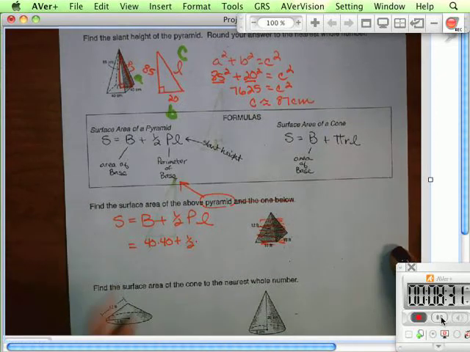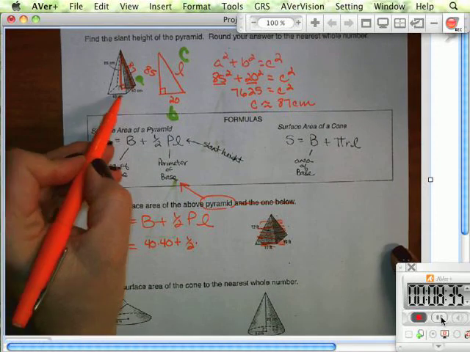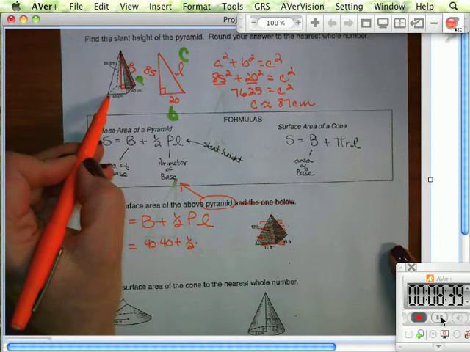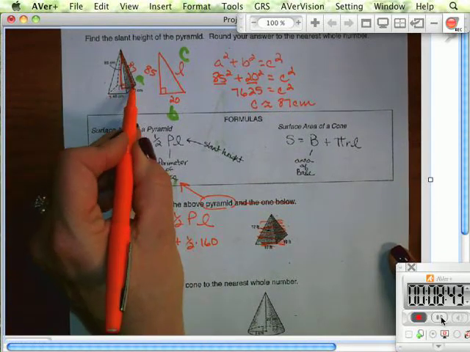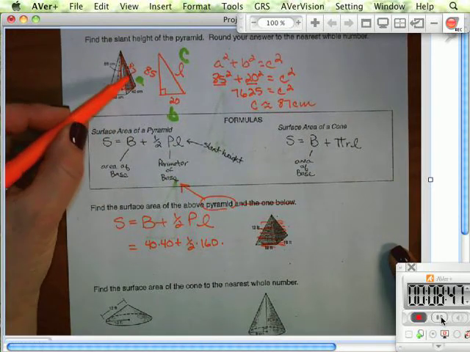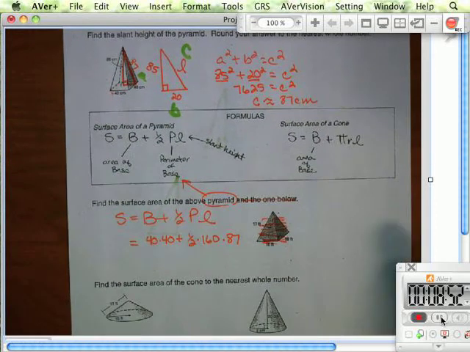Put the 1/2. Capital P stands for all the way around this square, so 40 plus 40 plus 40 plus 40, which is 160. It's all the way around the base. And then the slant height we already figured out to be what? 87. Now you just have numbers.